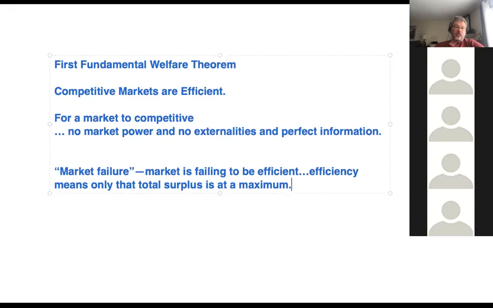You're going to have the same amount of total surplus if you have the same price. Because remember, when we're talking about total surplus, you guys should have a good picture in your mind of, for consumer surplus, it's that area below the demand curve and above the price. And when it's producer surplus, it's the area above the supply curve and below the price.